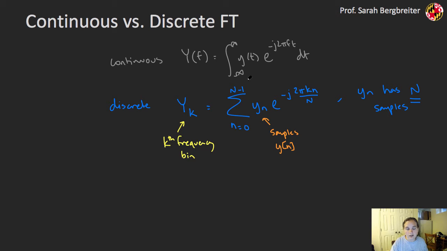And similar to the continuous time Fourier transform, I am now multiplying by a complex exponential, e to the minus j, 2 pi k, which is referring to that frequency of interest, little n, which is my current sample I'm looking at, so kind of like the t up here, divided by big N. One way to think about this, if it's hard for you to go back and forth from continuous to discrete time, is this k over N, so this kth frequency bin divided by the total number of samples in my signal, is approximately equivalent to the frequency that I'm looking at, and my little n is approximately equivalent to my time in the continuous function.